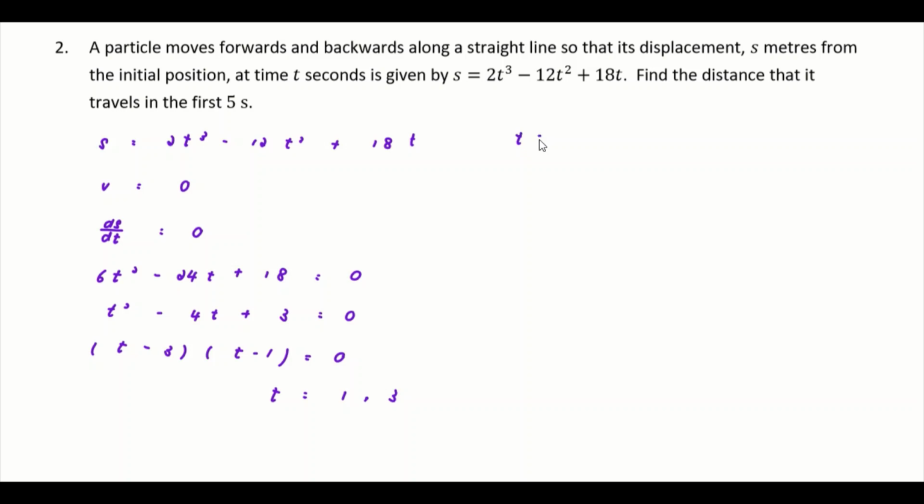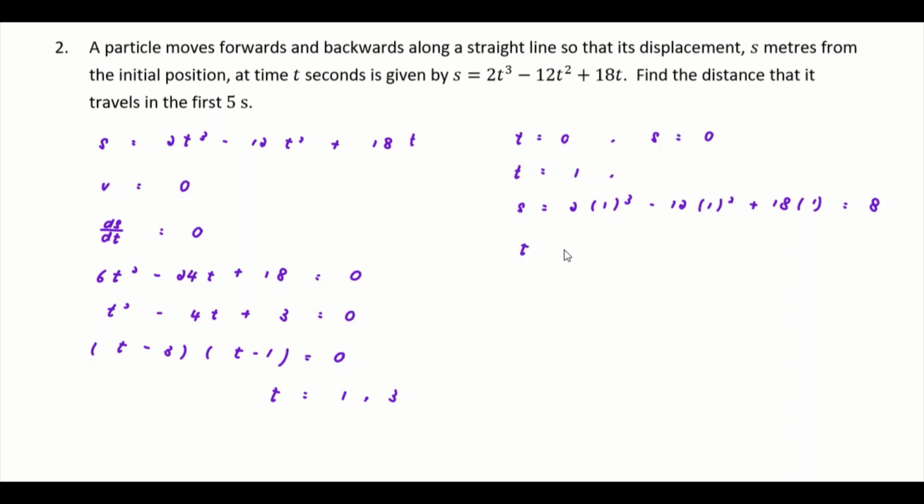When t = 0, you can imagine when I substitute 0 here, it's quite obvious that I'm going to get s = 0. When t = 1, we substitute: s = 2(1)³ − 12(1)² + 18(1). This gives me an answer of 8. So when t = 1, s is equal to 8.